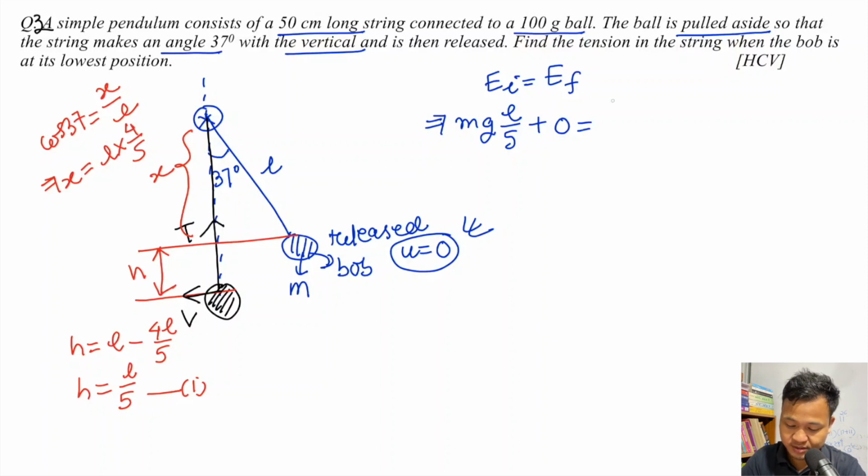At the lowest point, potential energy is 0, plus kinetic energy, which is half mv square.